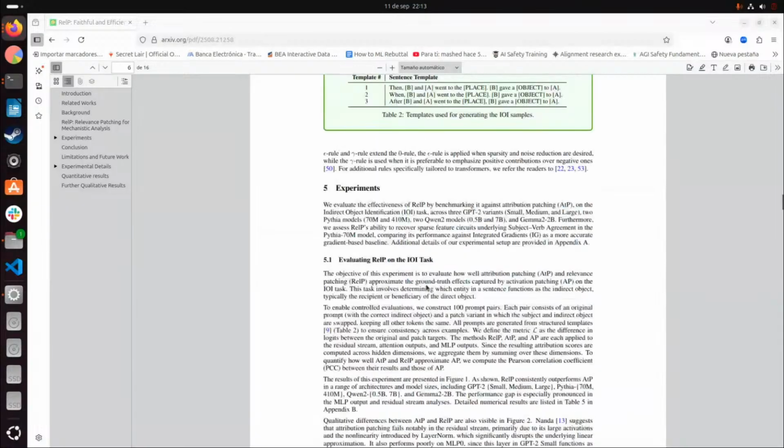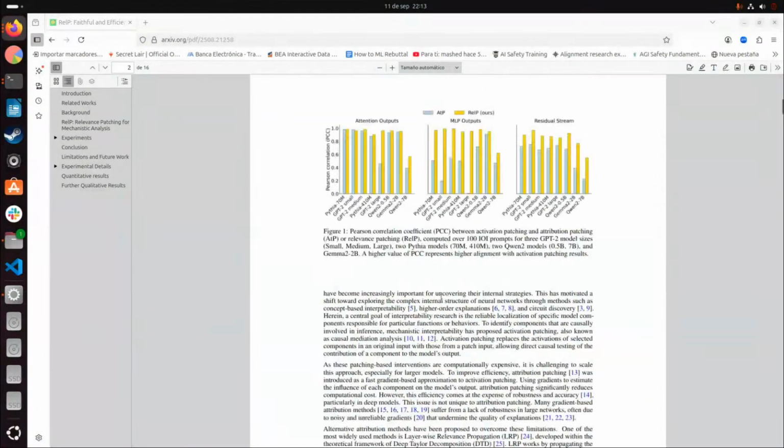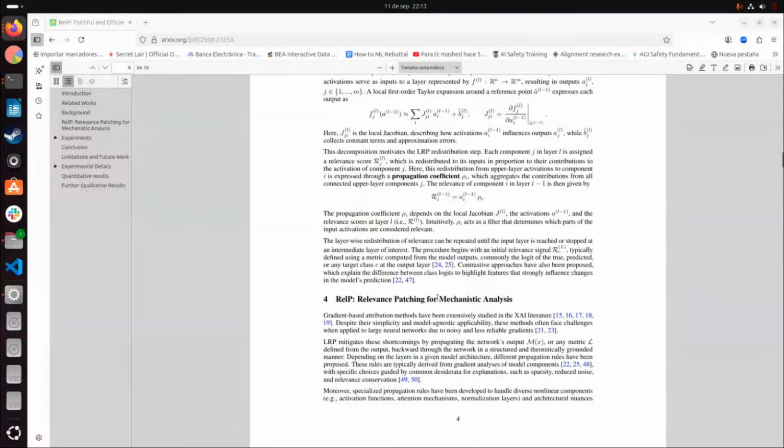Anyway, about this paper, for what I understood, it is basically the thing we were saying earlier, that they do something like attribution patching, but instead of doing attribution, they do these other specific rules for each part of the model, where instead of just doing backpropagation through all of them, they have a function for the attention, a function for the activation functions and so on.